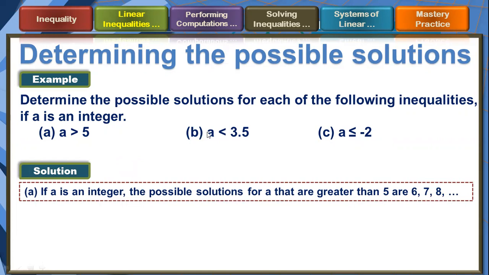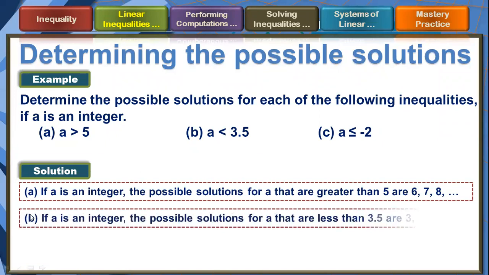So for B, A is less than 3.5. So remember this one, less than. What are the whole numbers which are less than 3.5? So let's state again, if A is an integer, the possible solutions for A that are less than 3.5 are 3, 2, 1, and so on. So 3 is less than, 2 is less than, 1 is less than 3.5.